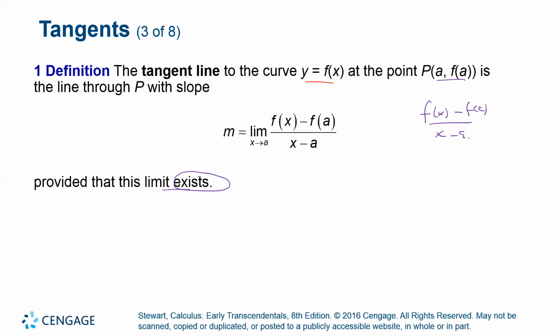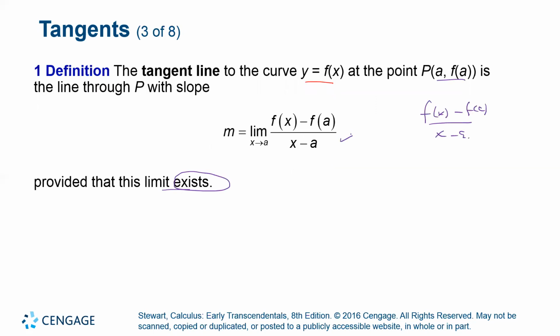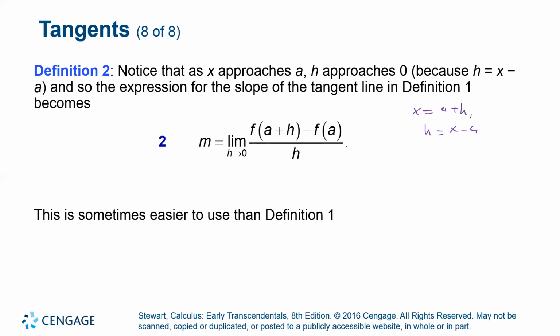And then the other definition is through the same point, where in the previous definition we replace x by the expression x equals a plus h. So in this case, h is x minus a. When you substitute this into the previous expression and simplify, you get this expression.